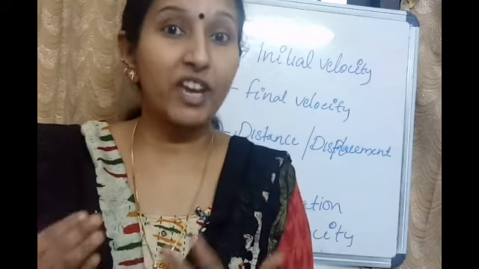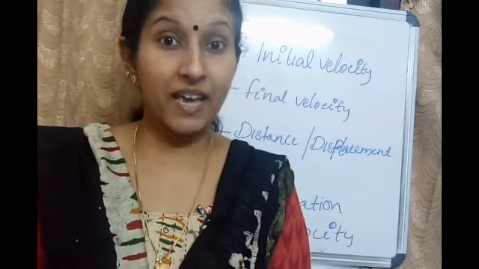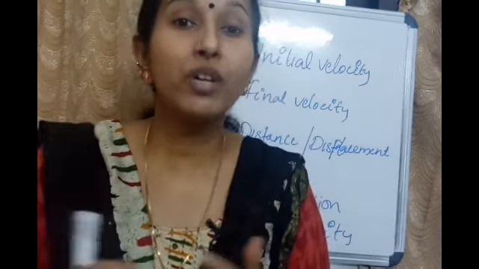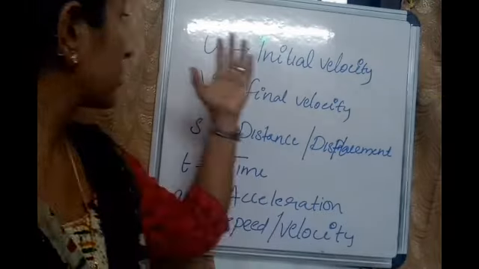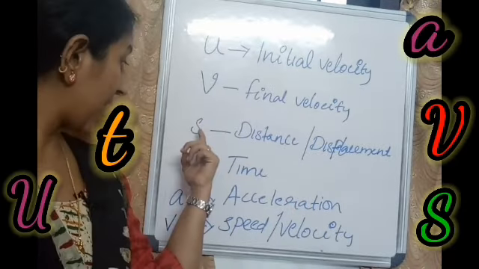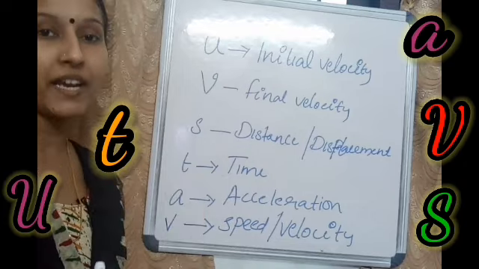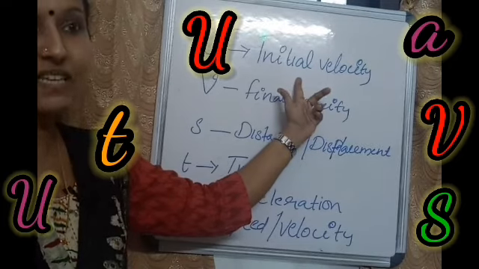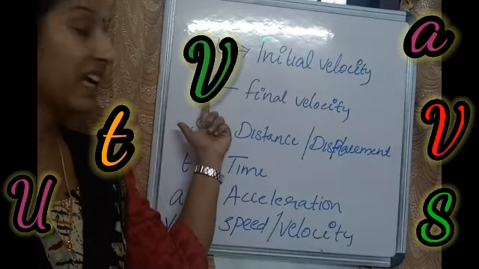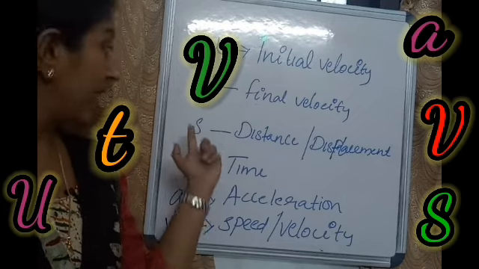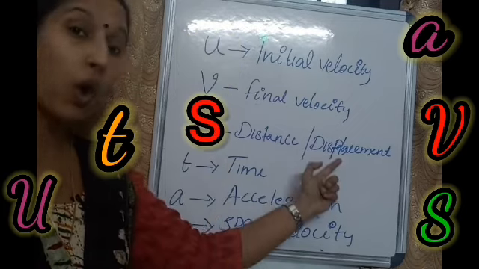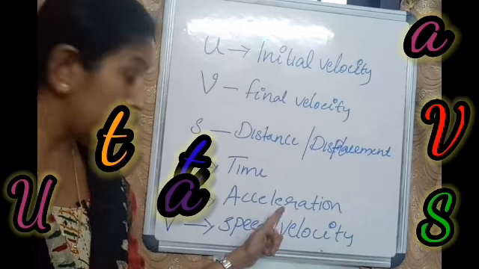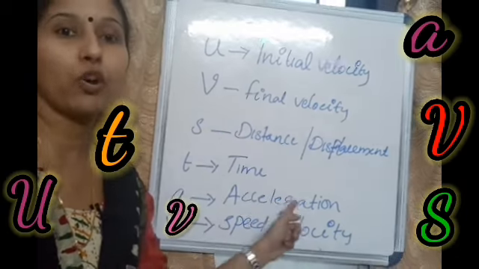You may be familiar with variables in mathematics like x, y, z, etc. Just like that, in physics also, we use some variables like u, v, s, t, a, etc. What is u? u is the initial velocity and v is the final velocity. s is distance or displacement. t is the time. a is the acceleration and v is either speed or velocity.